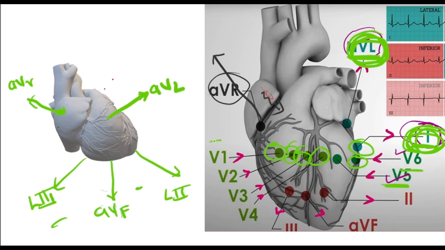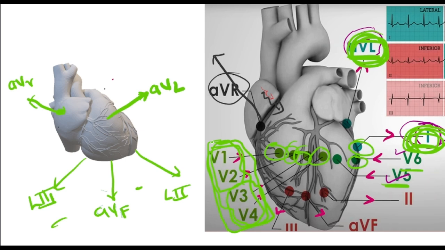And if there is ST segment elevation in any of V1 to V4, it is anterior MI. ST segment elevation of V3 to V4 is purely anterior, V1 to V2 is purely septal, but V1 to V6 is both anterior and septal, so we call it anteroseptal. So I hope these lead placements are clear for you. It is important for localization of the MI.